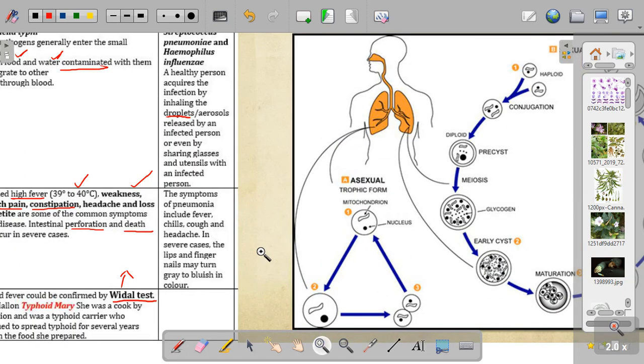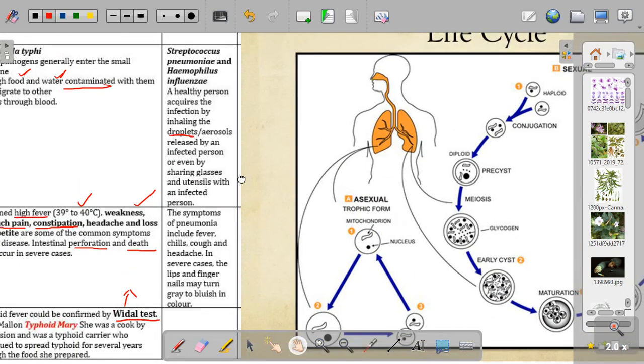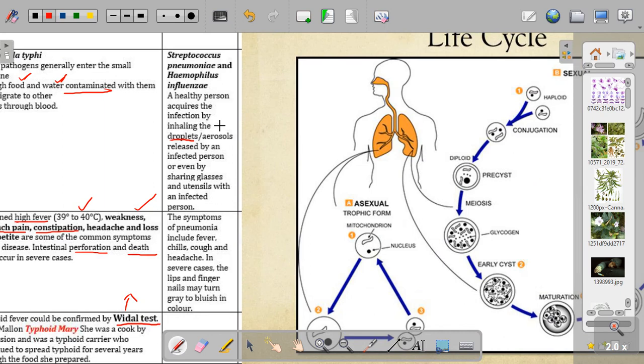If any person suffering from pneumonia coughs or sneezes, these droplets can move into the air, and whoever inhales those droplets or aerosols can get infected. Or it can be through sharing glasses and utensils with the infected person.